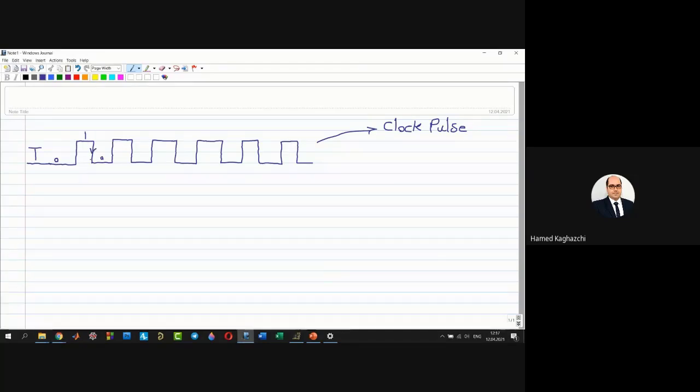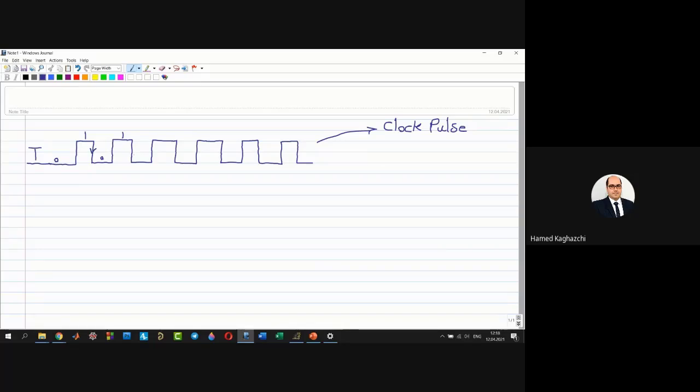If my pulse goes from 1 to 0, it means that this pulse is in its downward edge. And if my pulse goes from 0 to 1, it means that this signal is in its upward edge.